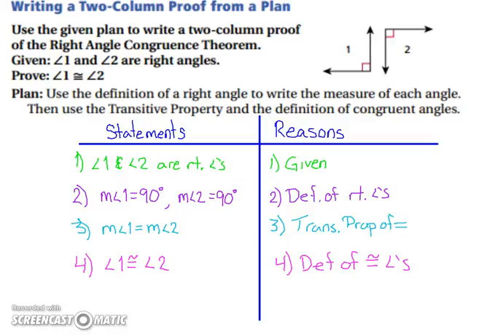Now we can use the transitive property of equality to make the statement that the measure of angle 1 has to equal the measure of angle 2. And we end with stating that angle 1 is congruent to angle 2 because if their measures are equal, then their figures are congruent by the definition of congruent angles.